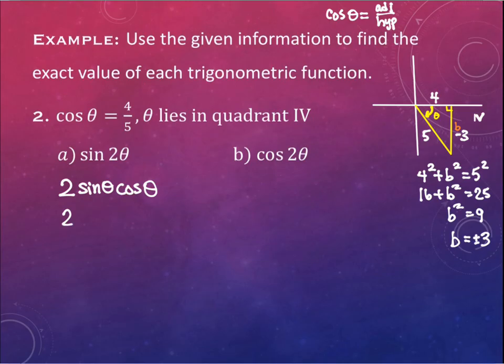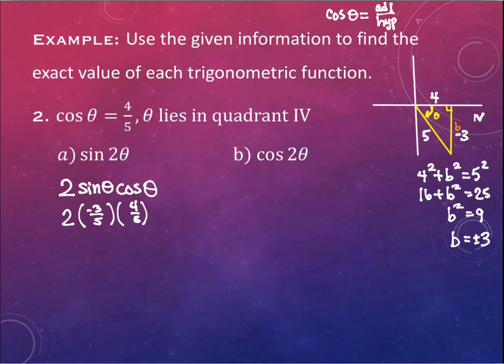The 2 is as written, and the cosine theta was given to us. We know that that's 4/5. The sine theta is the only thing I need to get out of the triangle. So using this triangle, what is the sine of theta? -3/5. So everybody see where that came from?